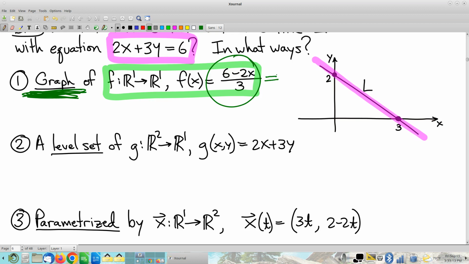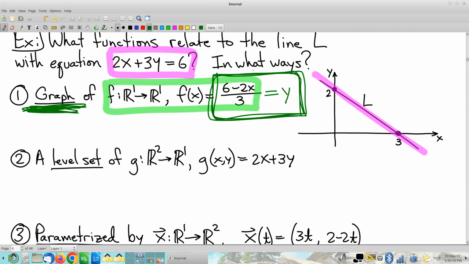This is a function of only x, so I can set this output value equal to y. The graph is this equation that I get when I set the function equal to y, and notice that is equivalent to that purple equation. You have to move things around a little bit, no big deal, but they're equivalent equations, exact same solution sets. And so literally, this function has a graph with the exact same equation. In other words, this line is the graph of that function.